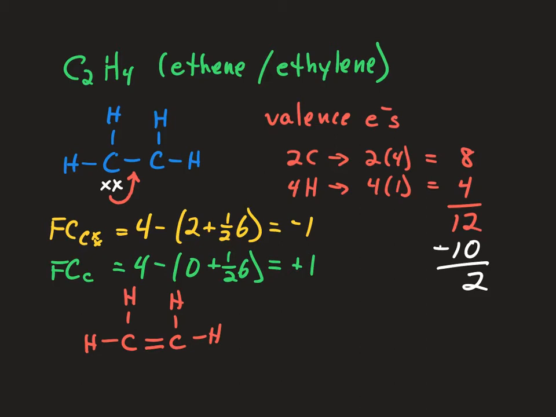Now if we go through and do our formal charge calculation for each of those carbons, since they both look the same, it would be the 4 that they brought minus 0 unshared electrons plus half of the 8 electrons in bonds attached to those.